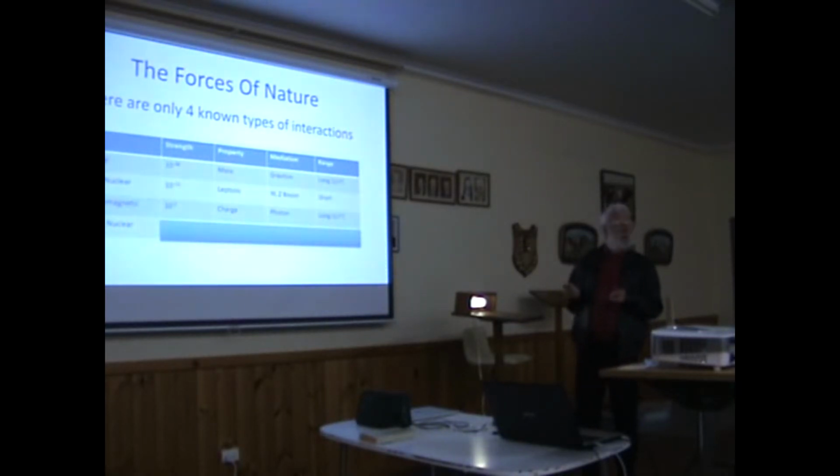Frank, can you explain what you mean by 10 to the minus 38 or 10 to the minus? Oh, that's the relative strength. Yes. And it's a sort of normalised strength. If you take two typical objects, for example, if I take 2 electrons and calculate their electromagnetic force, it'll be 10 to the 36 times stronger than their gravity force.